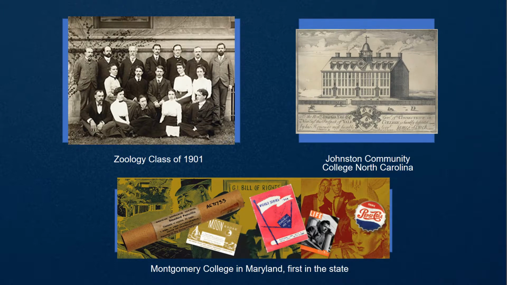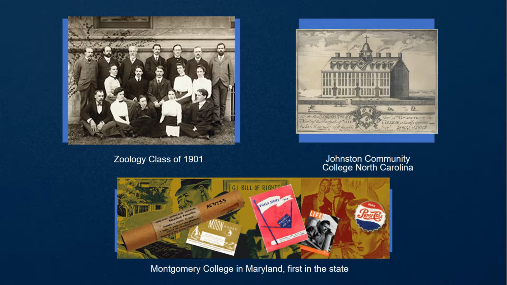I thought you might enjoy seeing the images of some of the early and current community colleges. So here's a zoology class in 1901 at the Joliet Community College. And what do you notice about this?